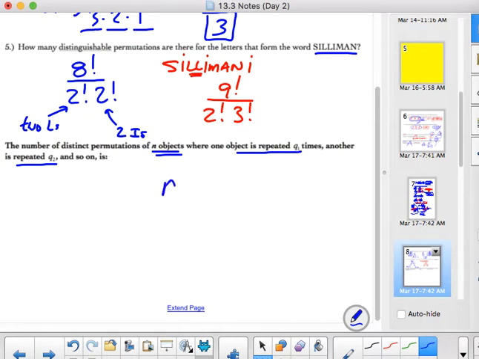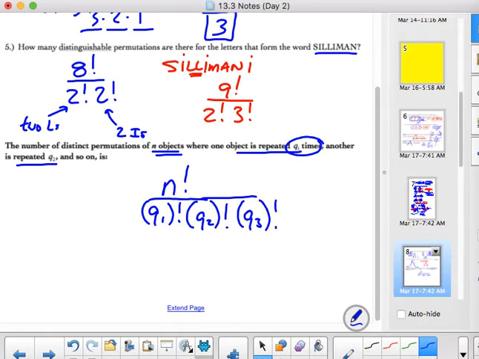So that would be like my last name, 8 factorial, and then if I have q1 repeats for one of those letters, it'd be q1 factorial times q2 factorial times q3 factorial, however many numbers are repeated. I would divide out every single time, even if there are more repeats. And you'll have some problems for homework tonight where there are more than a couple repeats. That's the basic idea. You just divide out the repeats.